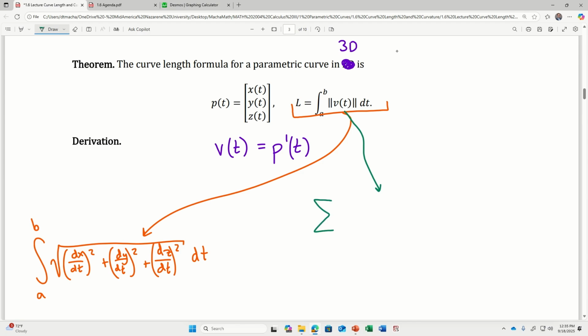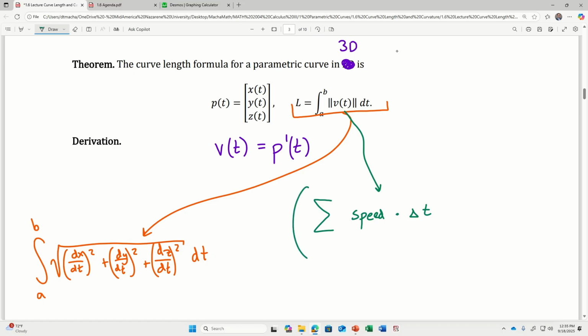The other thing that you could think of whenever you see this is that this is really adding up all of the speed that we see at every instant times little changes in time. Because speed times an interval in time tells me how far I've traveled.